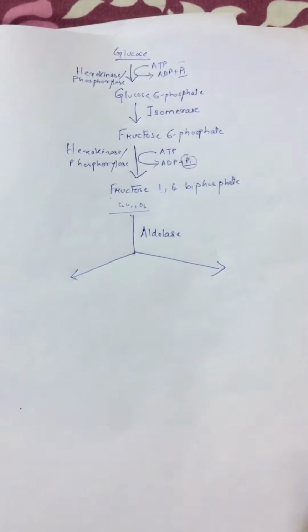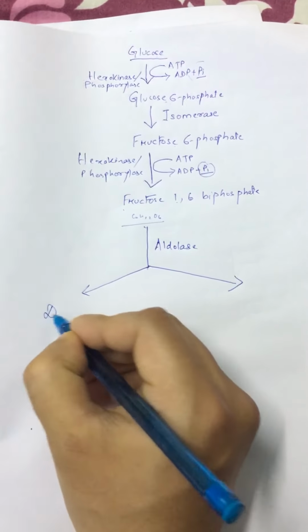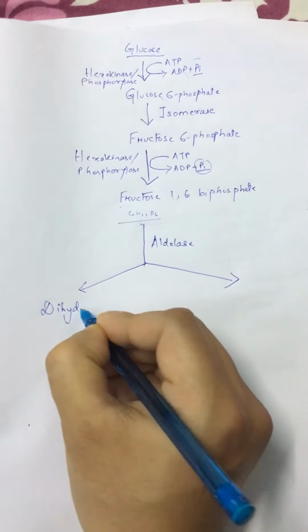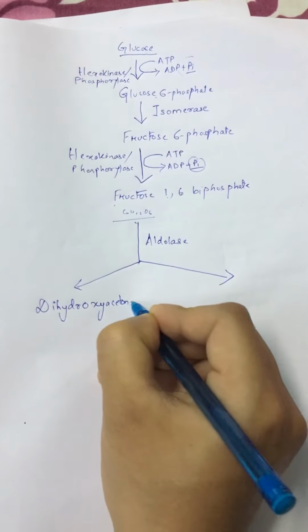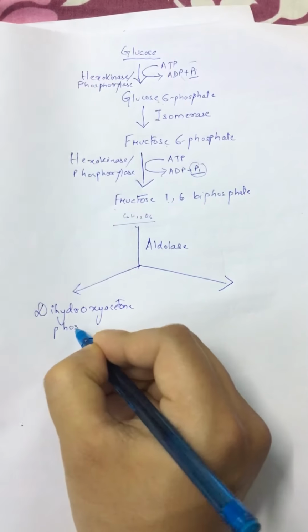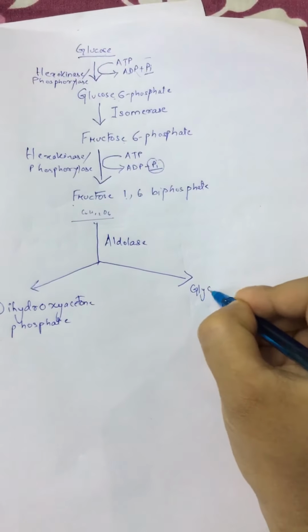That means this fructose 1,6-bisphosphate will now be broken down into dihydroxyacetone phosphate and glyceraldehyde 3-phosphate.